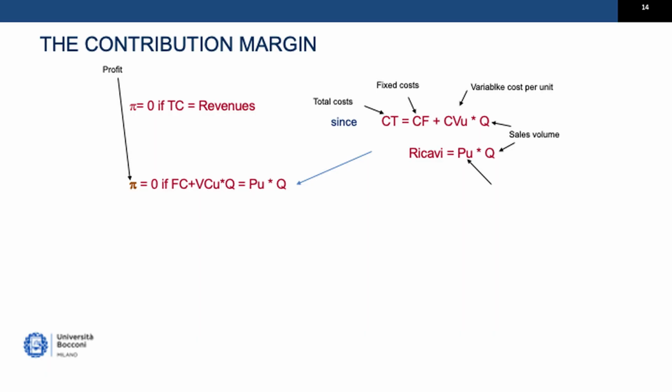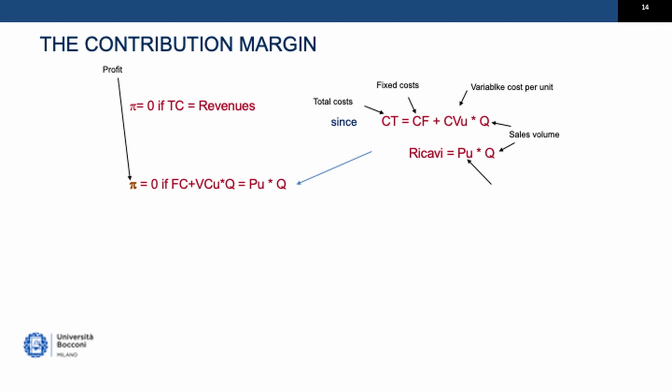So if total costs are equal to the revenues, the profit is zero. But we can substitute the total costs and revenues with their formulas. The total costs are the sum of the fixed costs plus the variable cost per unit times the quantity that is produced, and we assume that it is also sold.